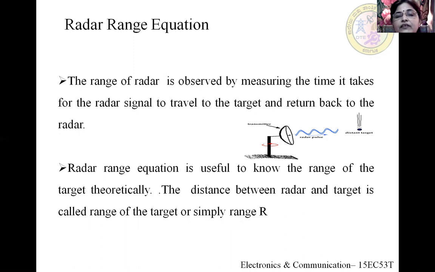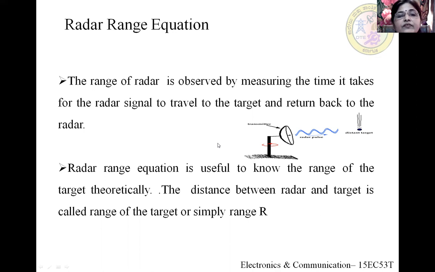So here in the figure, we can see the transmitter which transmits the radar signal and it is received by the distant target, and the target reflects the radar signal which is received by the radar.